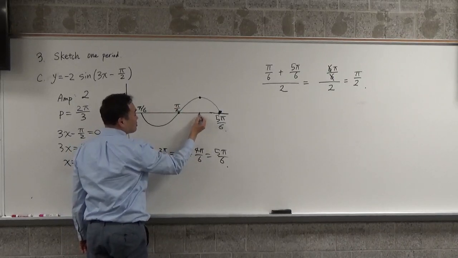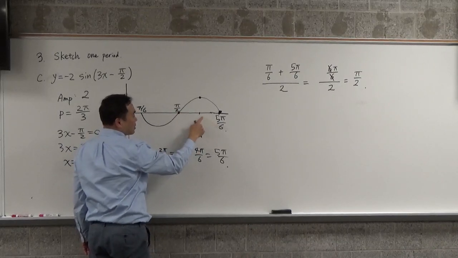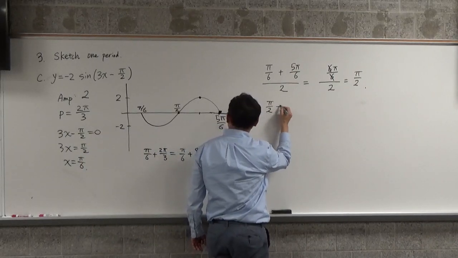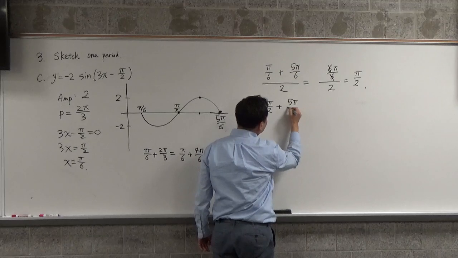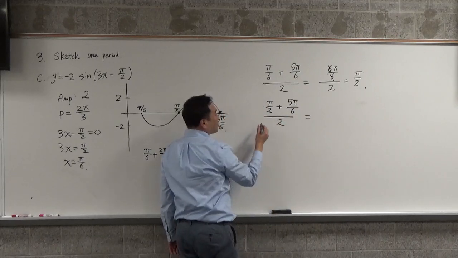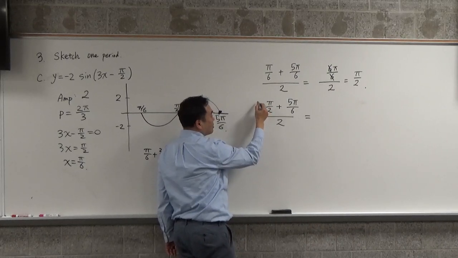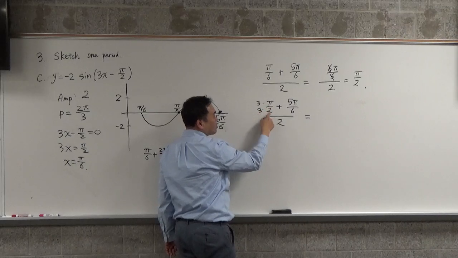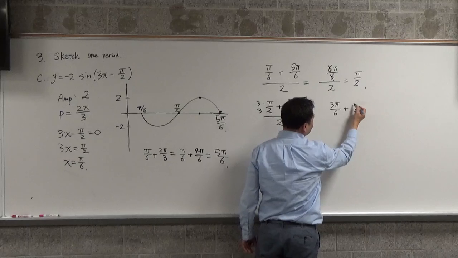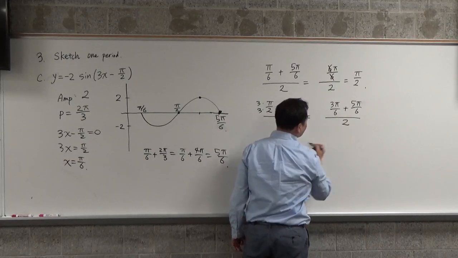Now we have to look for this midpoint. How do you do that? You add the two and divide by 2 again. So it'll be pi over 2 plus 5 pi over 6 divided by 2. We need a common denominator, so we should multiply top and bottom by 3. 3 times 2 is 6, right? So it's going to be 3 pi over 6 plus 5 pi over 6 divided by 2.